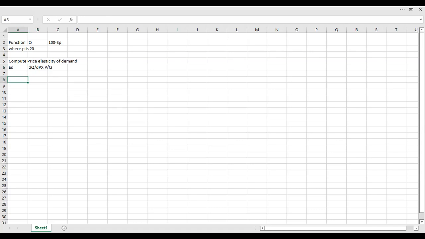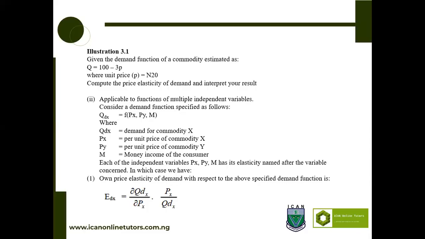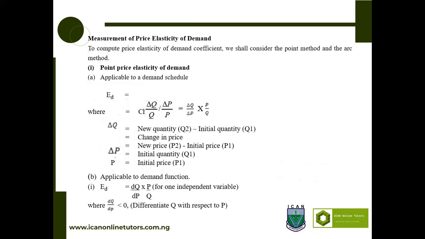And we're told that we can use, with respect to the function of that demand, where dQ over dP is less than 0. So we differentiate Q with respect to P.